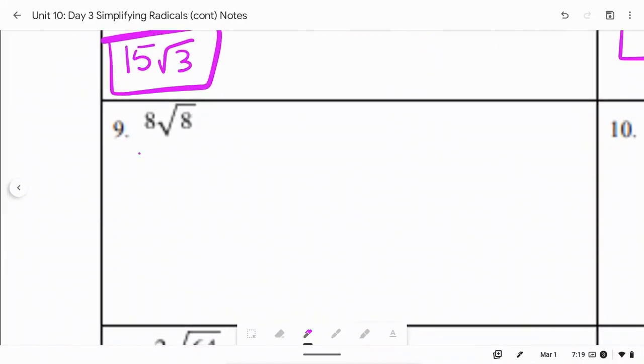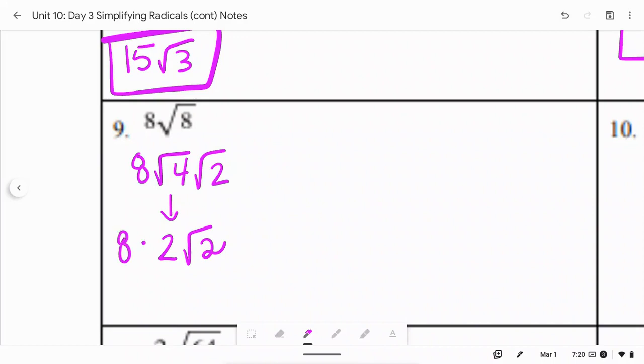Number 9, breaking down the square root of 8, I can divide that by 4 times 2. The square root of 4 becomes 2. So I get 2 square root 2, and then I'm going to multiply that 2 by the 8 in front to get 16 square root 2 as my final answer.